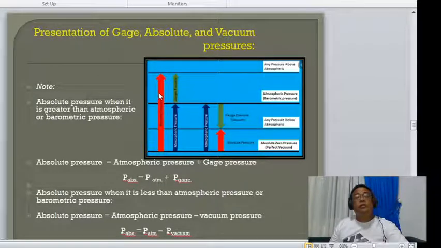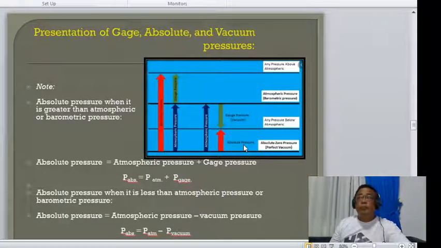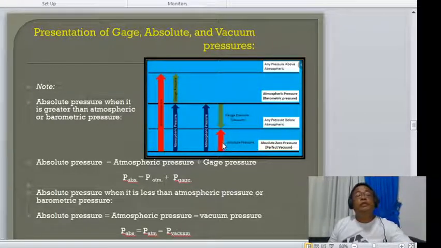But there is also an absolute pressure below the atmospheric pressure. Let us consider this arrow here. This is the absolute pressure, and the green arrow is the pressure below the atmospheric pressure, or we call that a vacuum pressure.